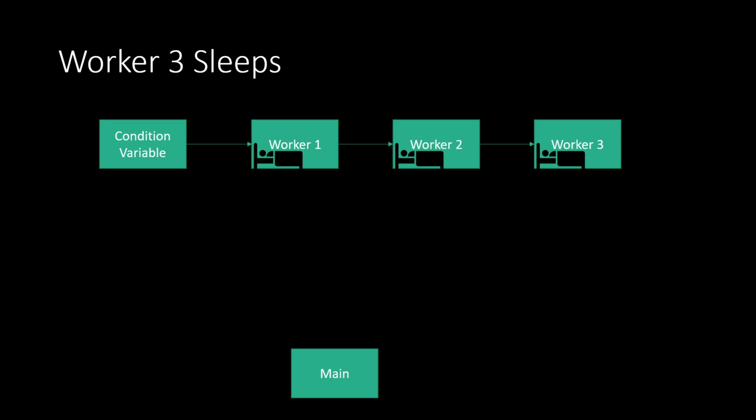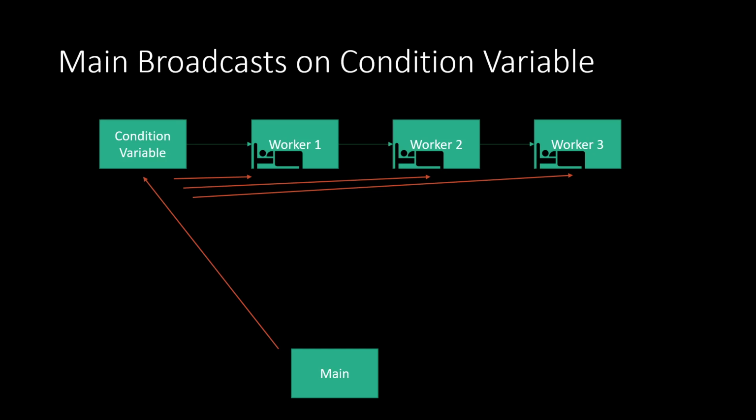And so one of the options is broadcast. And broadcast, as you can probably imagine, means that main sends a single API call, and that API call cascades through the entire broadcast domain, which in this case is constituted by all of the worker threads that are on the queue associated with the condition variable.